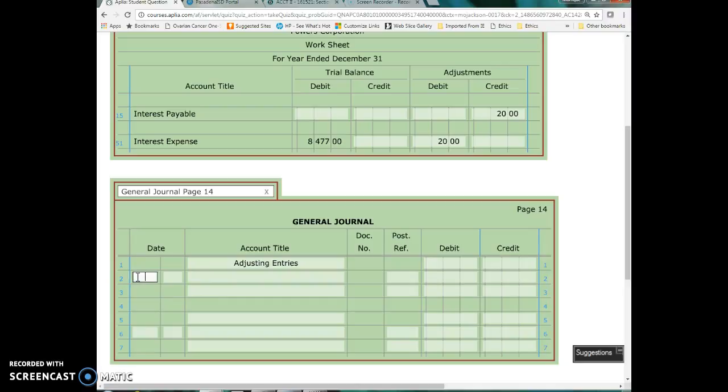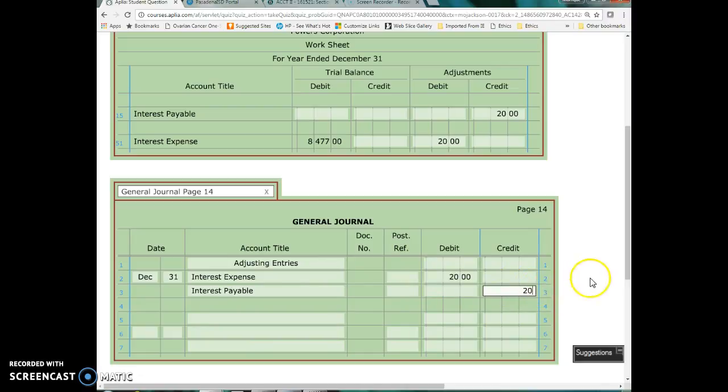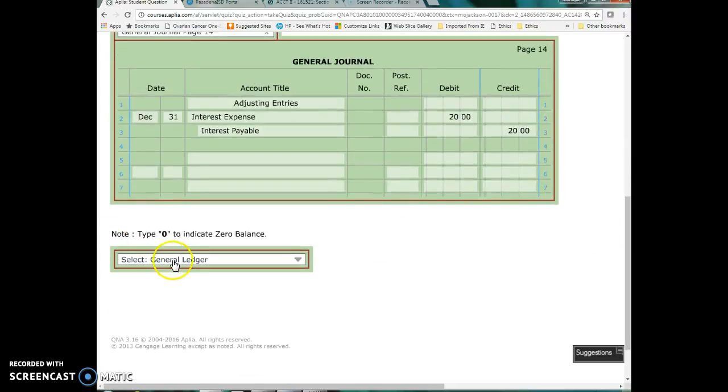December 31st. Debit interest expense, credit interest payable, $20 debit, $20 credit, and now we need to go ahead and post those.